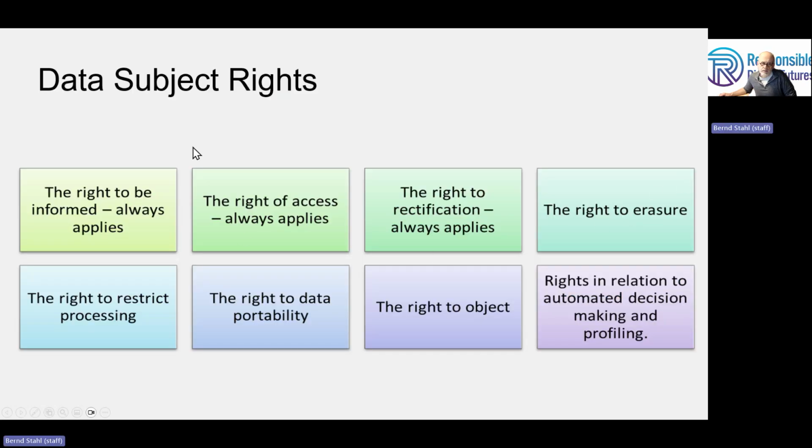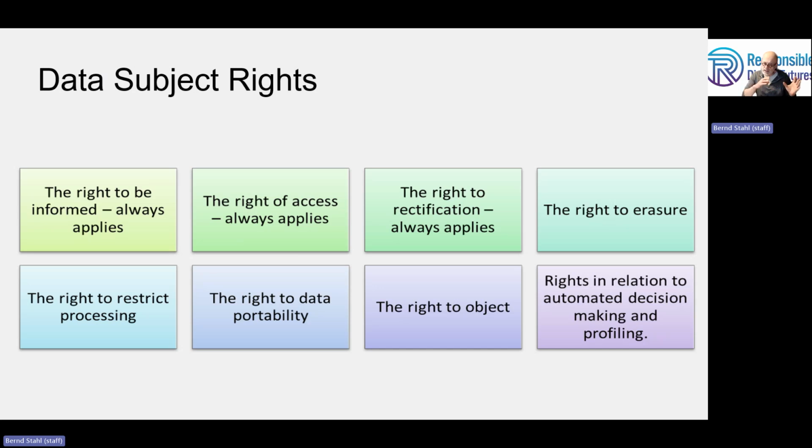The subject of the data has certain rights. These rights depend on the legal basis. Some of them apply always, some of them apply depending on the legal basis that you're using. So you always have the right to be informed of the data processing. You always have the right to access.